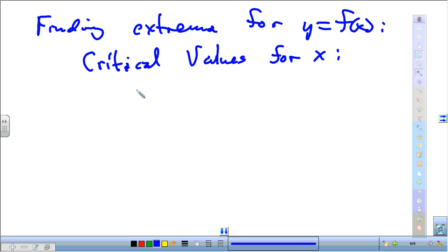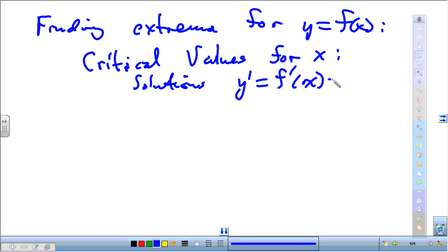And so we saw in the setting that that could be solutions to where the derivative, which would represent the slope, where would it be 0? So that's a possibility. Not necessarily will we get an extrema, but it narrows the search. So hence they're called critical values that we're going to look at.